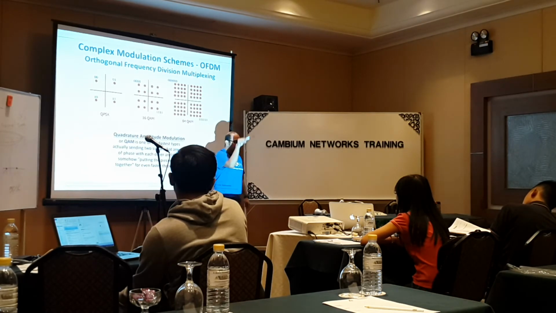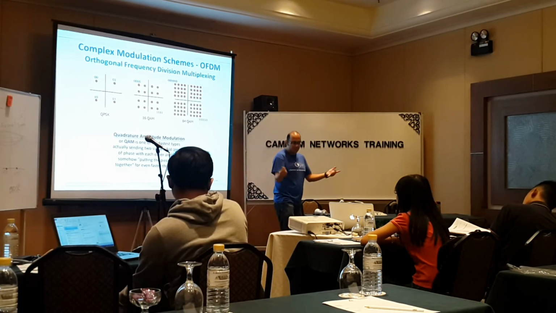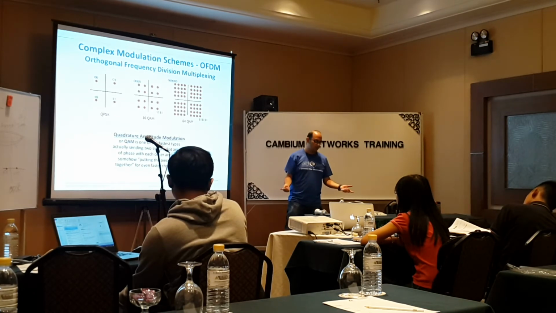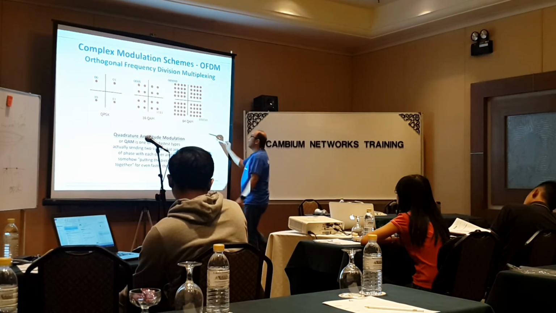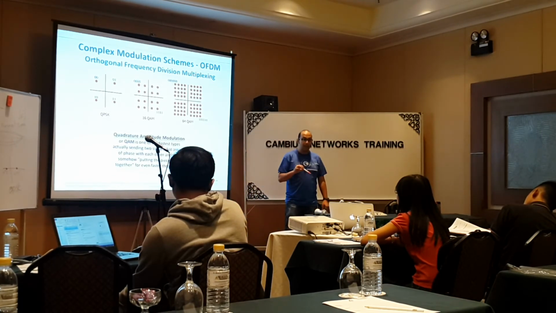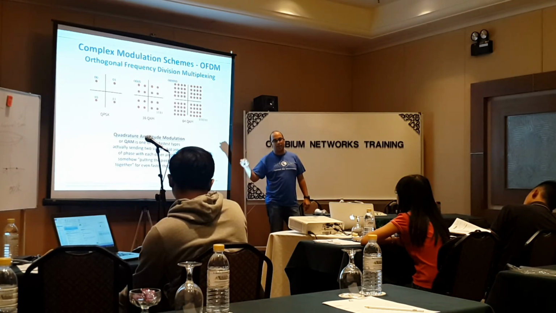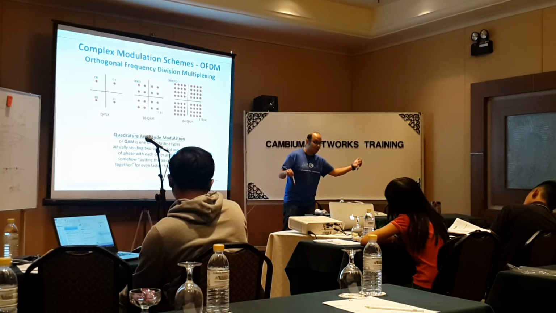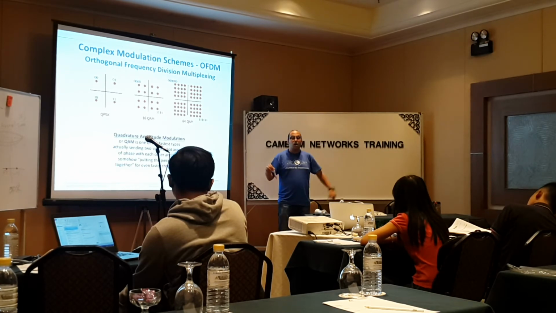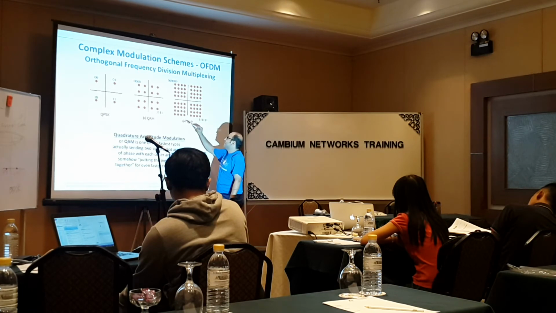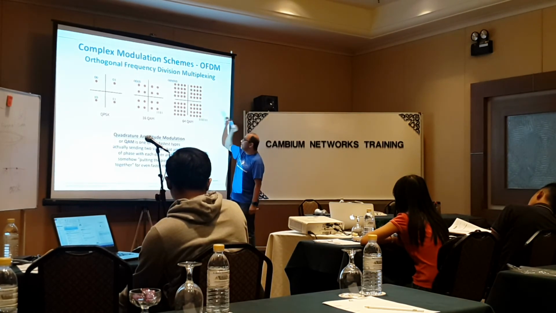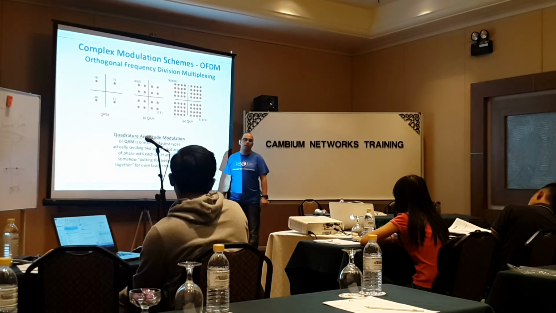So 16 multiplied by 4 is the number of bits you can transmit at the same time. 64 QAM is the last available modulation in the N standard, 802.11n, because the AC standard can support 256. But 64 is the last modulation in the N standard, meaning at the same time you can transmit 64 symbols. Per each symbol you can have 6 bits.